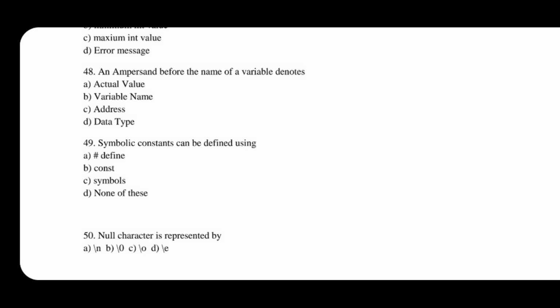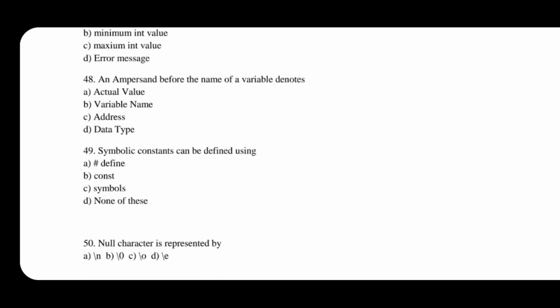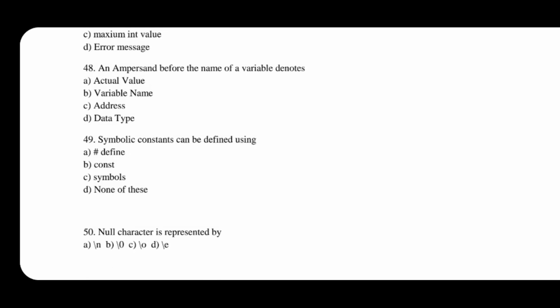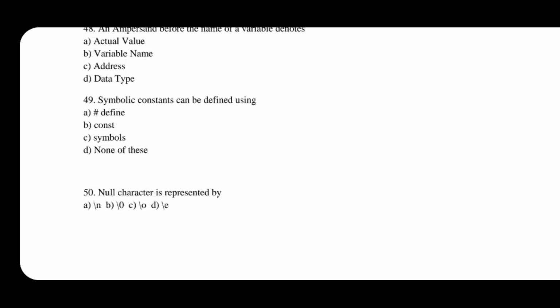Then an ampersand before the name of a variable denotes the address of the variable, which is used in scanf. Then question number 49, a symbolic constant can be defined using const, means B. Then question number 50, last question, the null character is represented by \0.